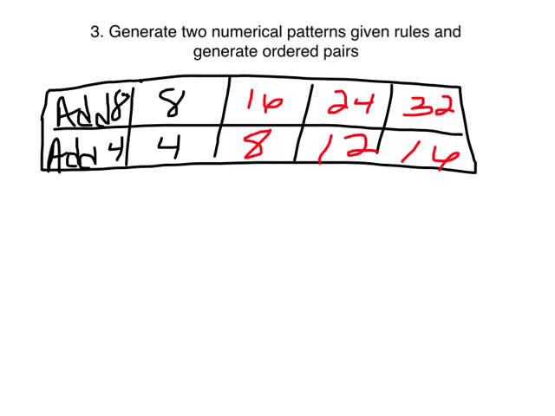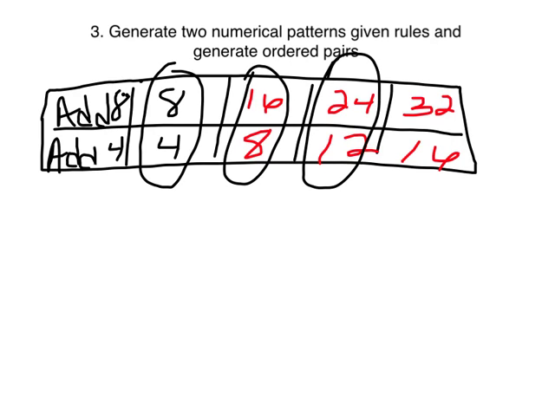Now some of the questions might say, what's the relationship to the corresponding pairs? Those are corresponding pairs, top and bottom. These are all corresponding pairs. So you may say the top number is the bottom number times 2. Or you may say the bottom number is the top number divided by 2. Okay? And you can see how that works.